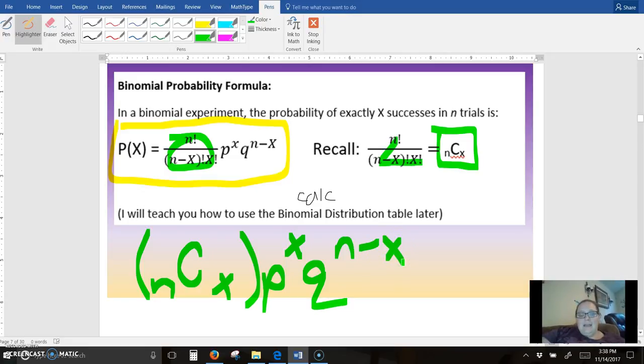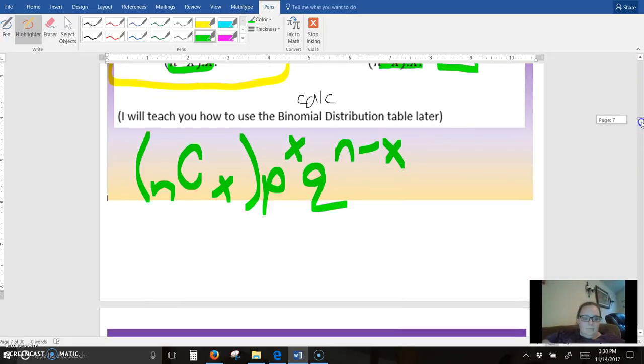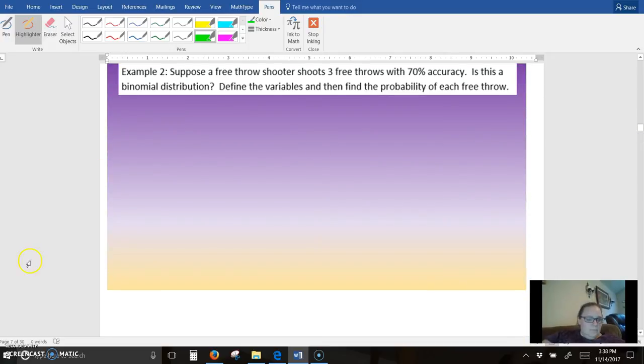And so it doesn't look as scary, and most of this we just type in our calculator. I'm going to write that down. I don't always remember that.